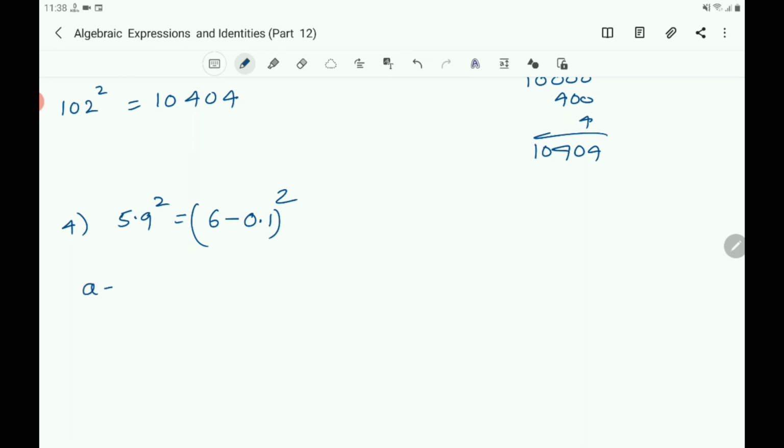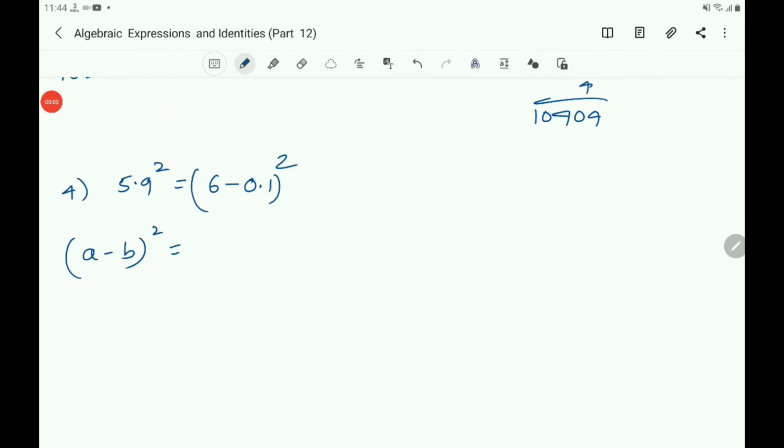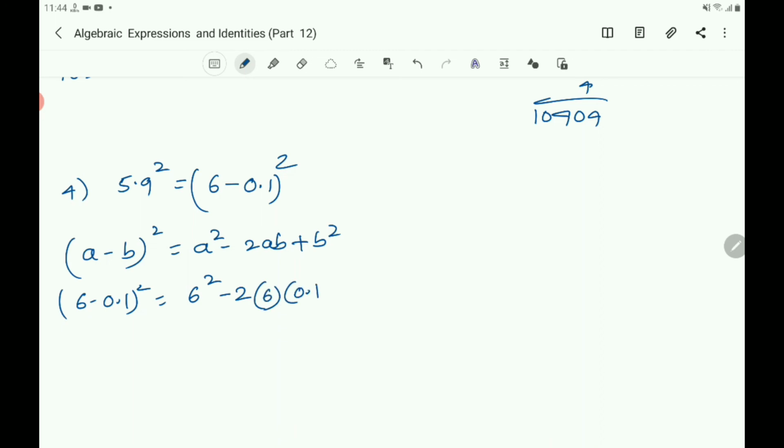You write a minus b whole square equals a square minus 2ab plus b square. 5.9 means 6 minus 0.1 whole square. A square means square of the first term, 6 square, minus 2 into a into b, first term 6, b is second term 0.1, plus b square, that is 0.1 whole square.